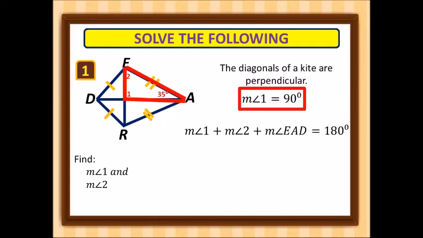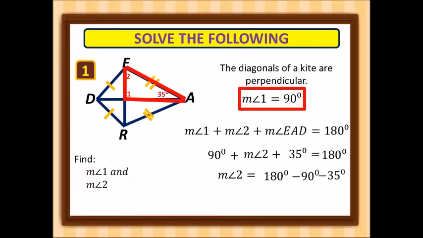The measure of angle 1 is 90, and the measure of angle EAD is 35 degrees. Now the measure of angle 2 is equal to 180 minus 90 degrees minus 35 degrees, and that gives us 55 degrees. Therefore, the measure of angle 2 is 55 degrees.